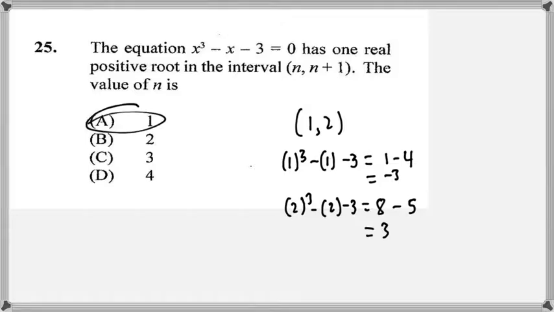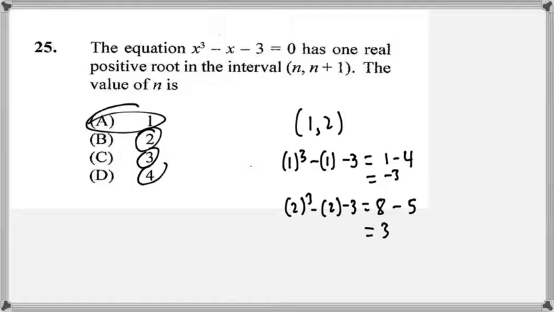You can probably check out the others, but honestly, I wouldn't want to waste too much time. You could try 2 and 3, then 3 and 4, and then 4 and 5, and see what you would get there.